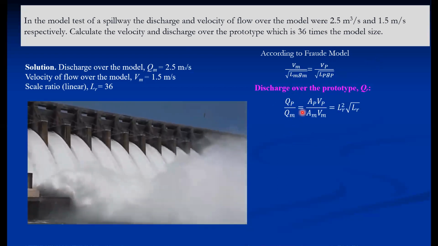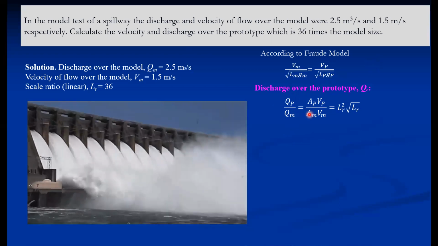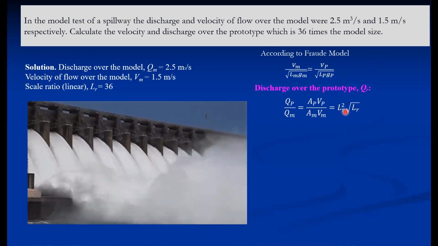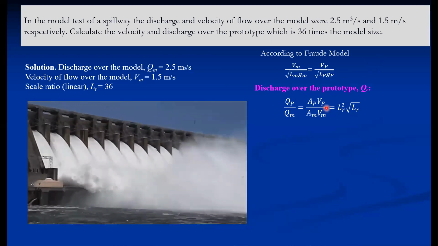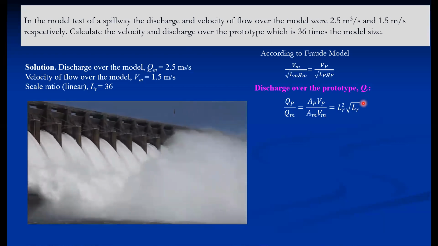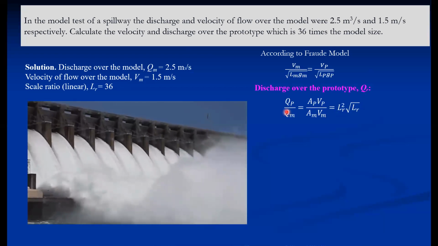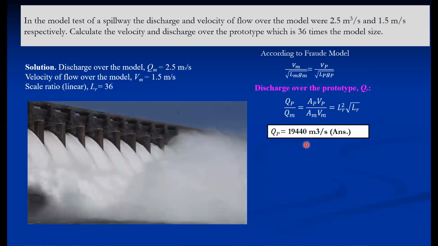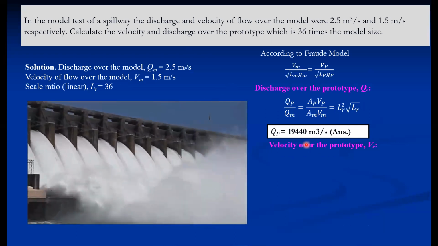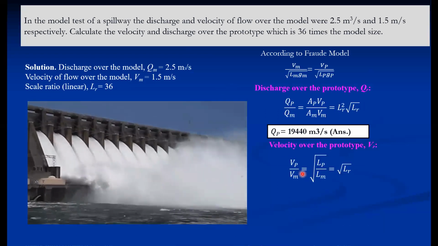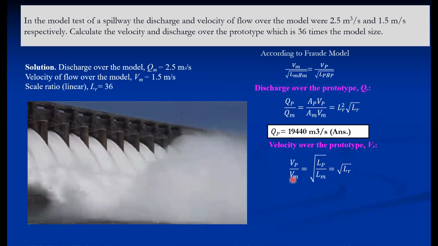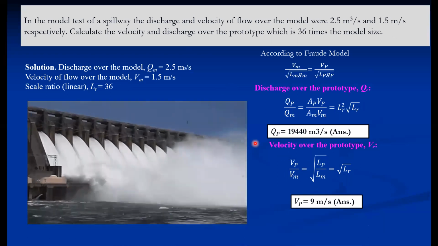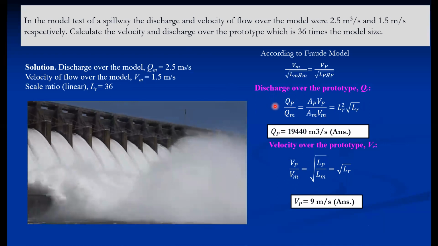So the discharge ratio is the ratio of these two, where the area ratio is nothing but Lr square as per geometric similarity, and Vp by Vm we can write as under root Lr. Lr is known to us, and Qm is also known, so we can calculate Qp. Then the velocity ratio is equal to under root Lr, Vm is known to us, so we can calculate Vp. Or we can calculate the velocity first, and then the discharge as well.